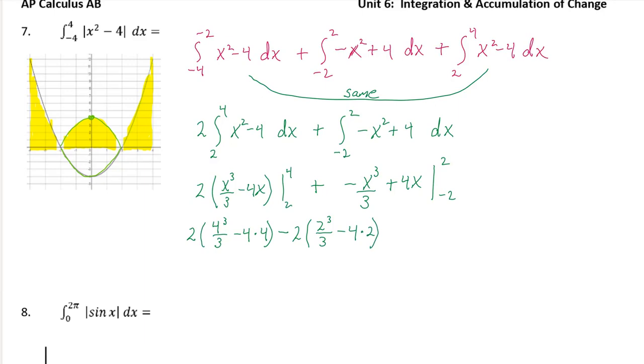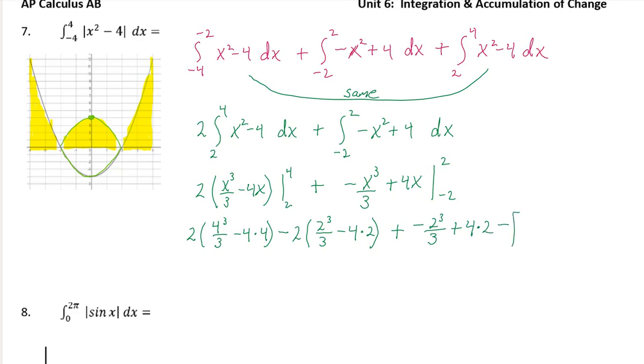Okay, so I'm just putting the 2 on there. I could have also put the whole thing in parentheses and put the 2 on the outside. It doesn't matter. The 2 gets attached to all of it, so it really doesn't matter how you do it. Second one here, we've got negative 2 cubed over 3 plus 4 times 2. And then we're going to subtract.